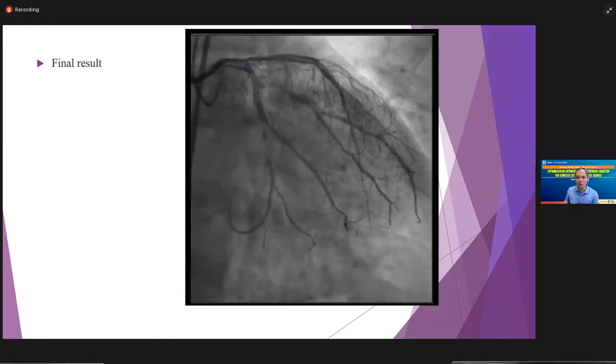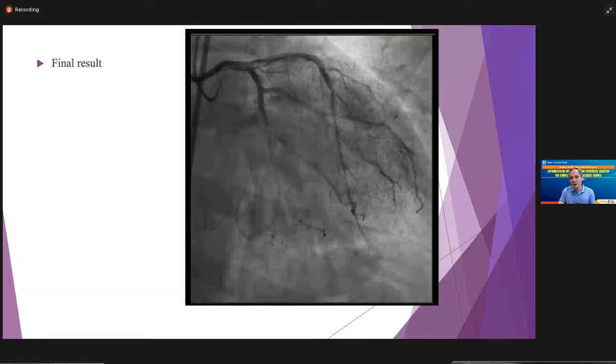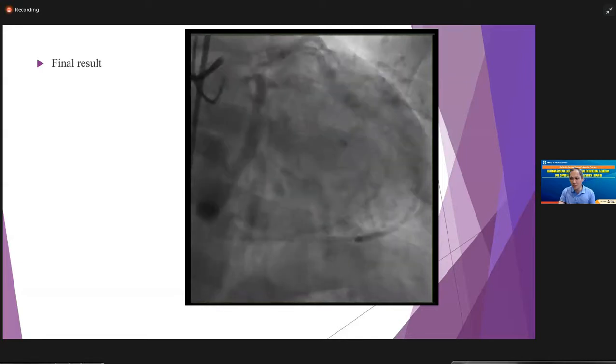And what about the final result of the patient? I have a plan for the patient to check the echography after the treatment, but because of the COVID-19 epidemic, the patient cannot come to the echography again after the treatment.